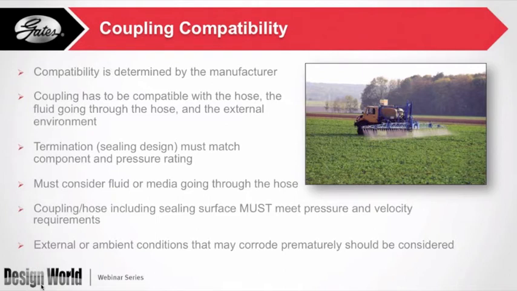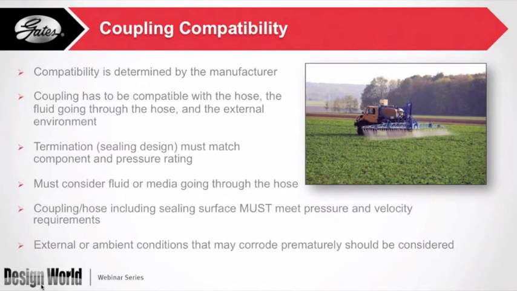The termination sealing design has to match the component and the pressure rating. A good example of this that we run into quite frequently, especially with the increase in the oil and gas industry, is people trying to use a standard male pipe on a male pipe line pipe or API type fitting for a hammer union.